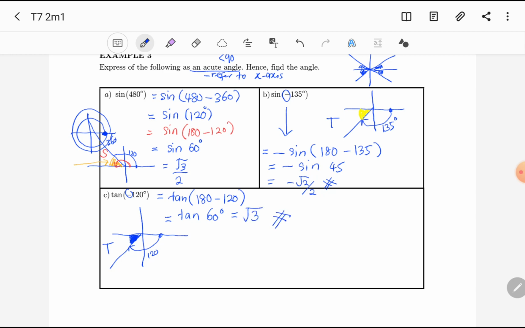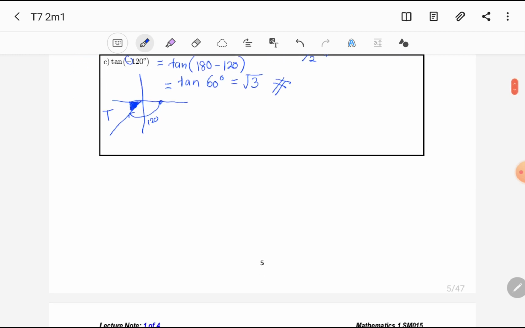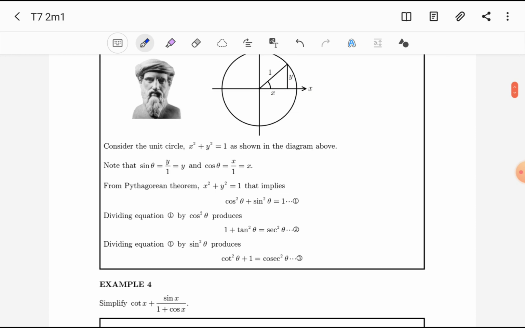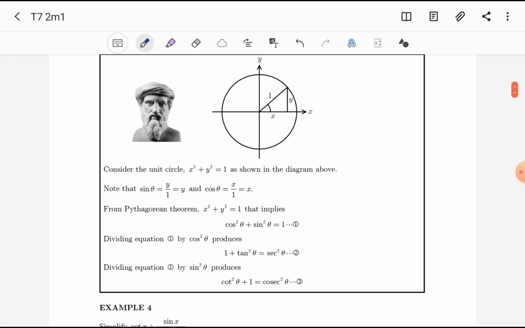Very good. Okay, settle. Next, Pythagorean identities. Okay, so we have a unit circle here. Unit circle, maksudnya radius is 1 unit. Nah? Okay, so let's say this is the point. We have P, the point is (x, y).